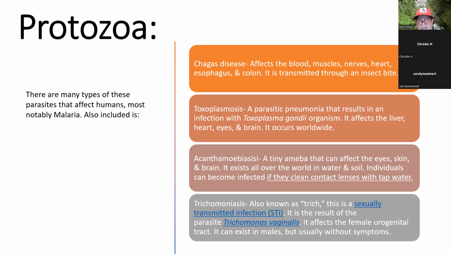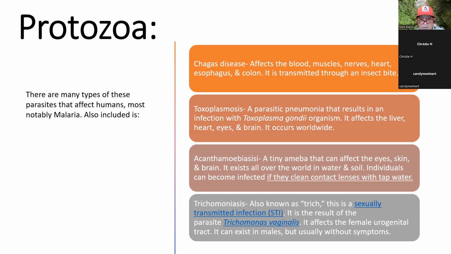Then we have acanthamoebiasis, this is hard to say, which is a tiny amoeba that can affect the eyes, skin, and brain, and it exists all over the world in water and soil. And this is important. Individuals can become infected if they clean contact lenses with tap water. Please don't clean your contacts with tap water, or you may very well get this.